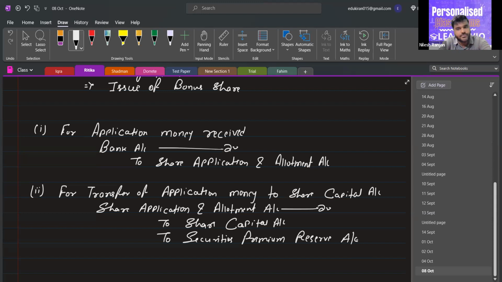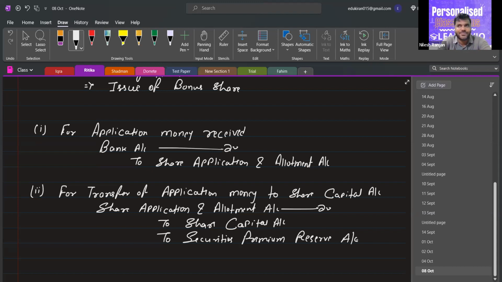Sir, in both bank and share allotment. Okay. Then when we open the calls in arrear account, it will be share allotment account debit to share capital account, the total amount called. And bank account debit, calls in arrear account debit to share allotment.